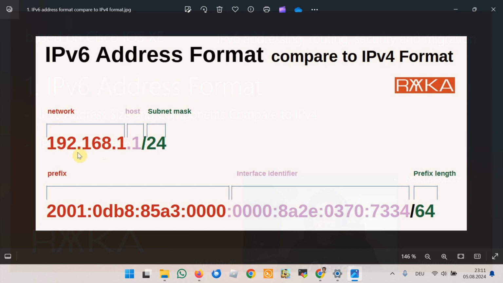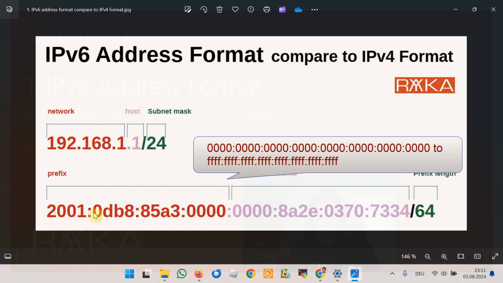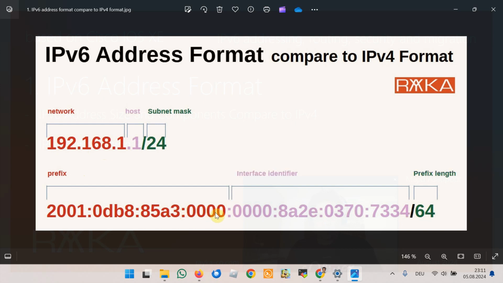In contrast, IP version 6 addresses use 8 groups of hexadecimal numbers ranging from 0000 to FFFF, separated by colons, as you can see in these two examples.